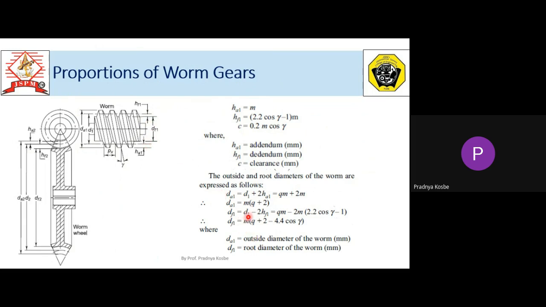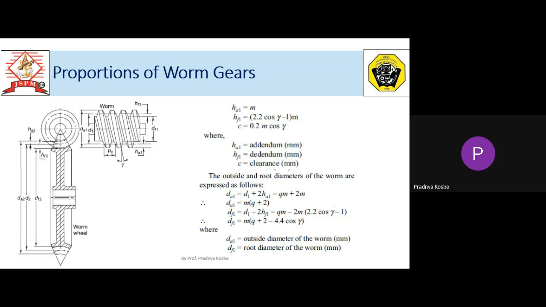So DF1 is equal to D1 minus 2HF1, where D1 is QM and HF1 is (2.2 cos gamma minus 1) into m. Put these values over here, that is QM minus 2M in bracket 2.2 cos gamma minus 1. So DF1 is equal to M in bracket Q plus 2 minus 4.4 cos gamma.